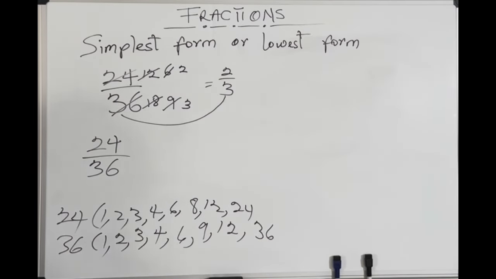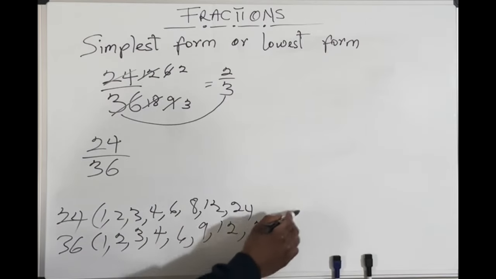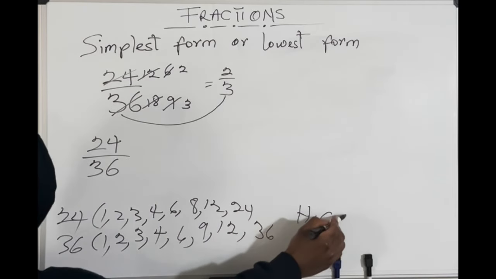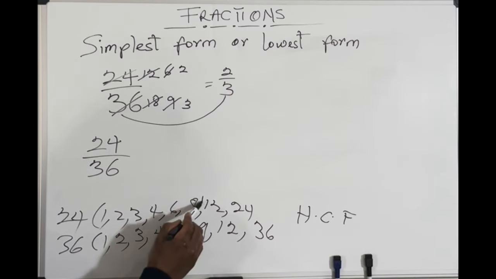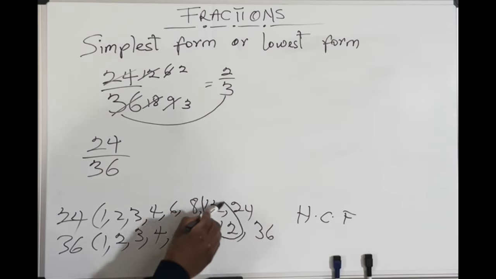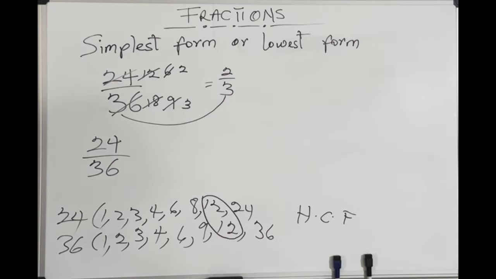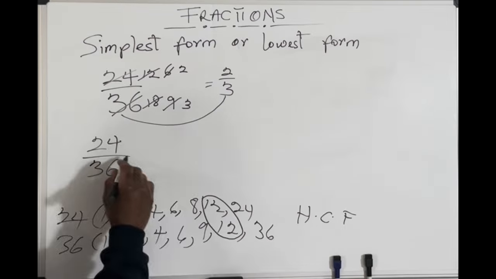So we are looking for the highest common factor. Looking through, the highest common factor is 12. And then we bring the 12 to divide through.